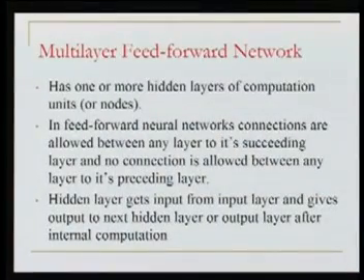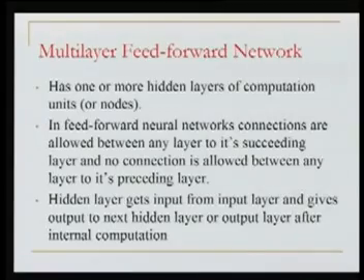So, let us summarize what we are now going to do. This is the focus of today's class: the multi-layered feed-forward network. It has more hidden layers, and when I say feed-forward network, the connections are allowed only from any layer to its succeeding layer, but connections are not allowed from any layer to its preceding layer.